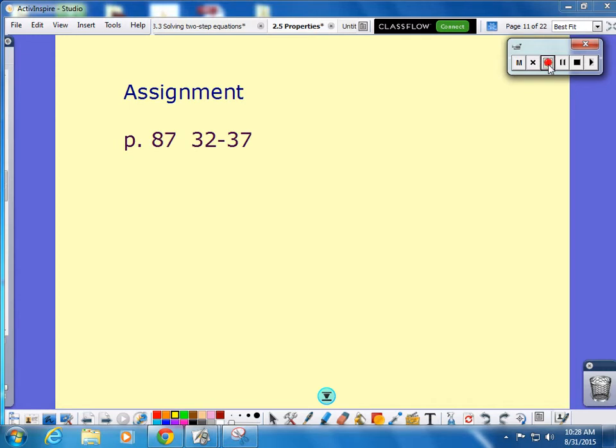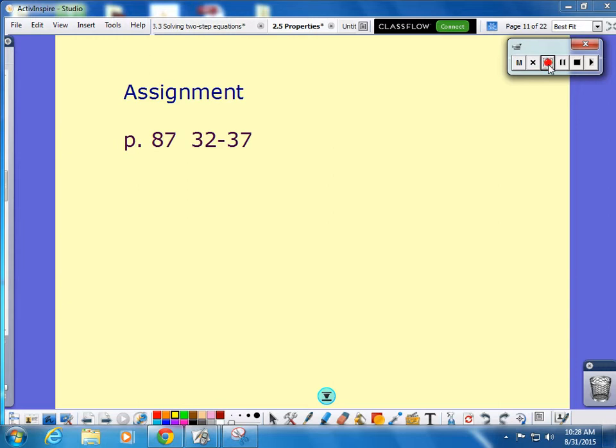Alright, we ready? 33. The 13 is multiplied by the 21 and by the 9. So what did you say that is? It is distributive. Distributive. And with 34, the 6 is times the 4 and the 7 and the 2.